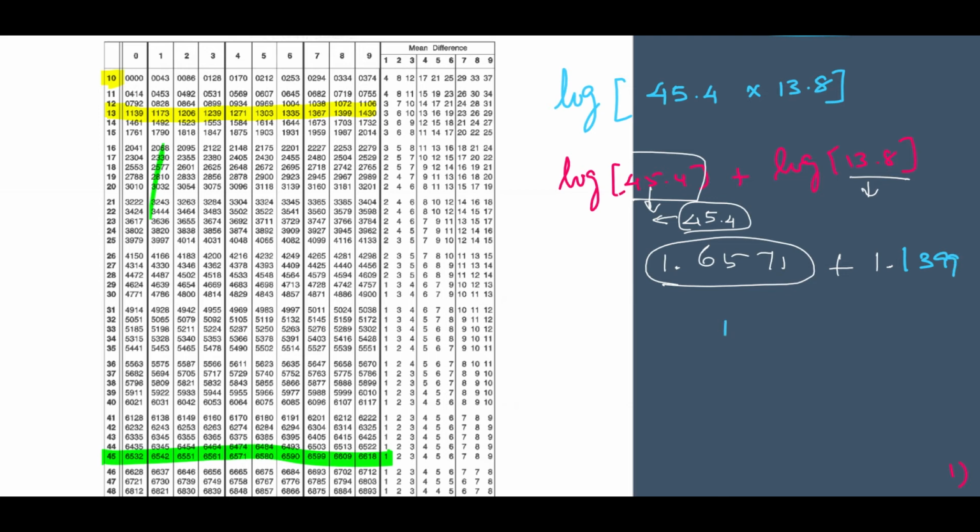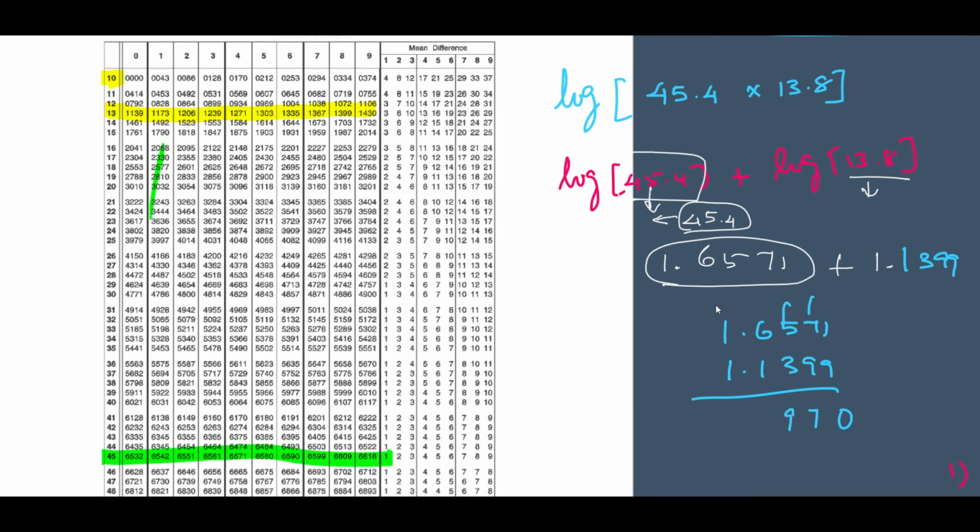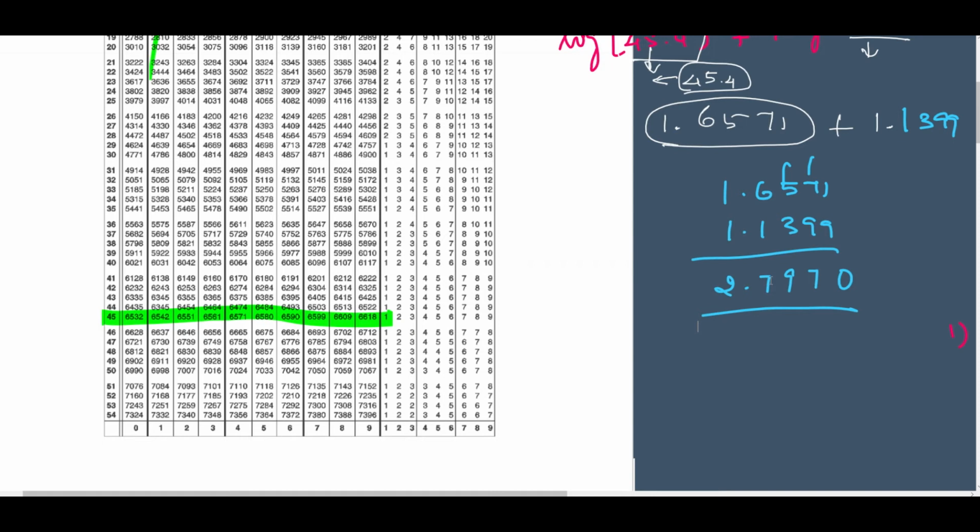So finally what is my number? 1.6571 and 1.1399. If you add this, what will you get? 1 plus 9, 0, then balance 1. 8 plus 9, 17, balance 1. 8, 9, 7. 2.7970. So this is the logarithmic value of that one.